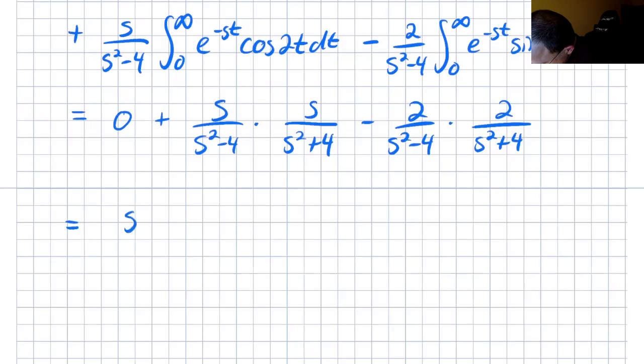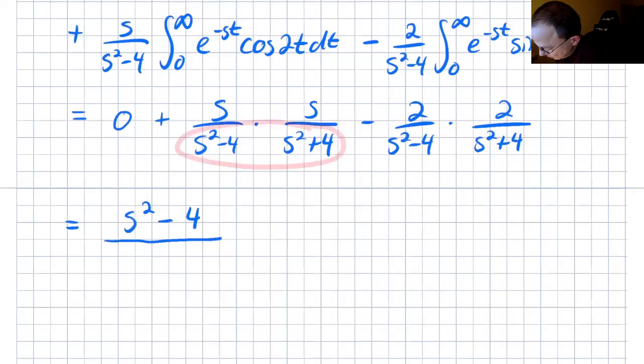So we get s squared minus 4 over, well, let me just write it out. s squared minus 4 squared, oh no, s squared minus 4. Yeah, s squared plus 4.